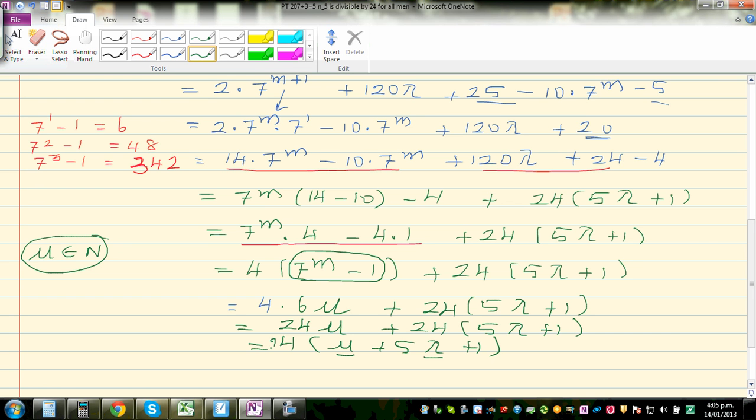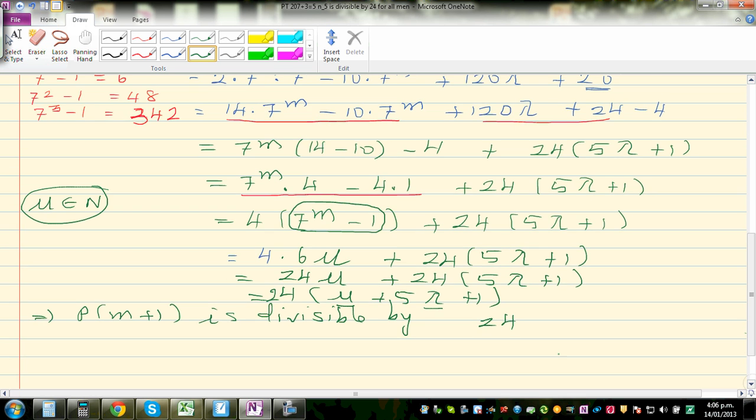So this is 24. So this implies P of m plus 1 is divisible by 24. So we can say P of m plus 1 is true. Okay, this implies P of m plus 1 is true. We have proved this, which implies P of m is also true.